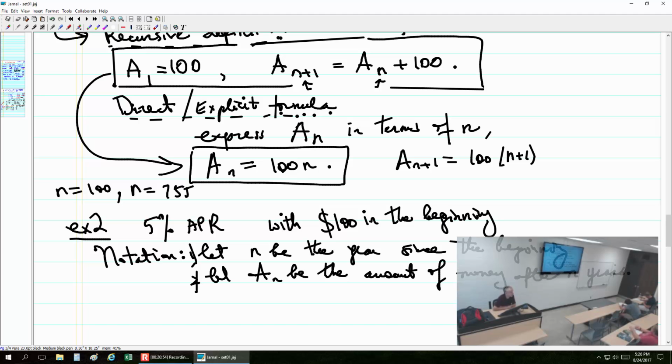Okay? So let's now take our description and write the recursive definition, following the idea from above. So what do I write here?